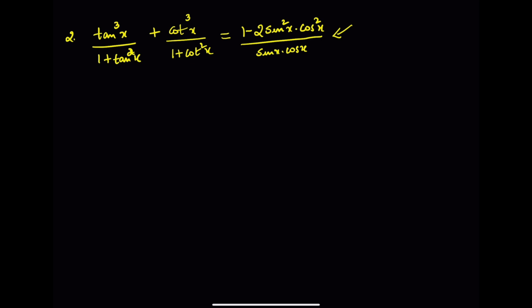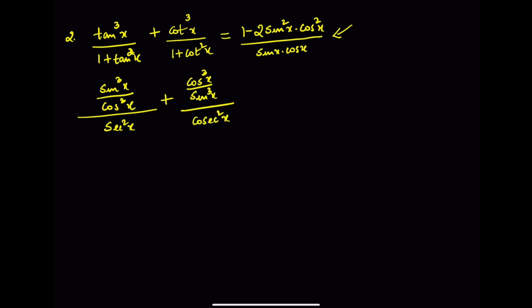So what we can write this as, tan³x will be sin³x/cos³x divided by 1 + tan²x, which is sec²x. Then the second part is cos³x/sin³x divided by 1 + cot²x, which is cosec²x. So let's further change this. Sec²x can be written as 1/cos²x.